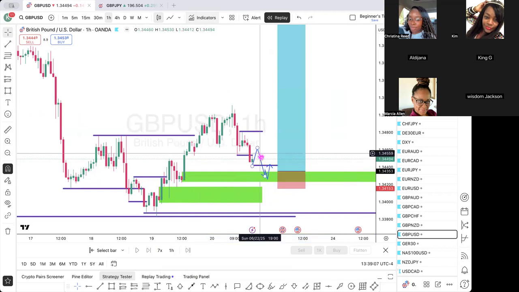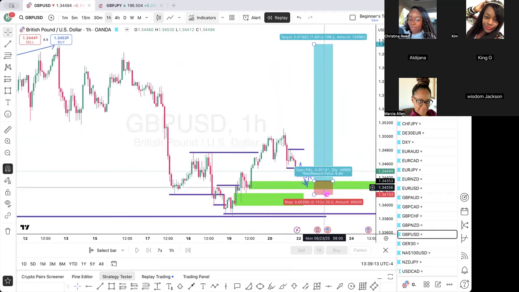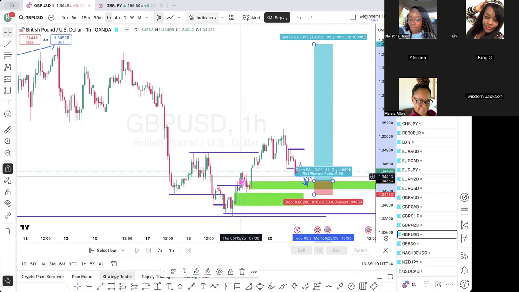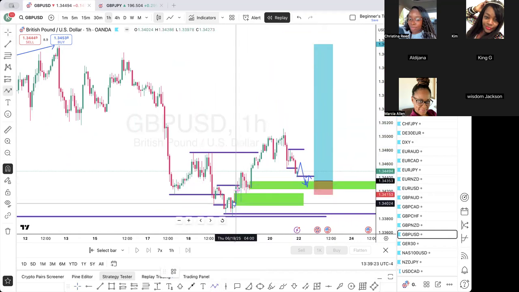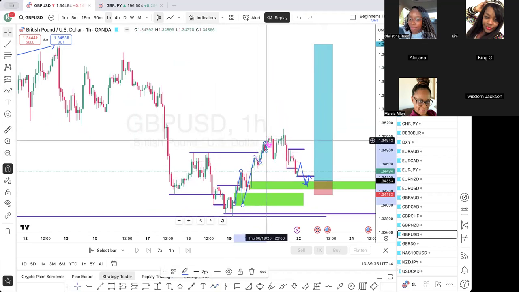So once price gets to that zone, you can either set your limit. Now, I will say, I would want to cover a little more of the structure or the swing because you had this push up here, this pull back to here, and then this push up here, pull back to here, then this push up. You get it, right?